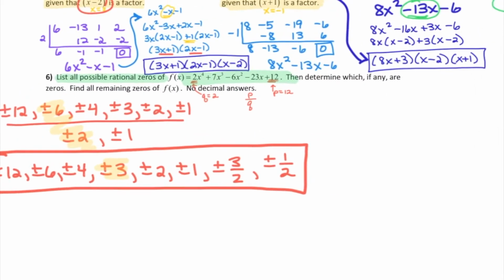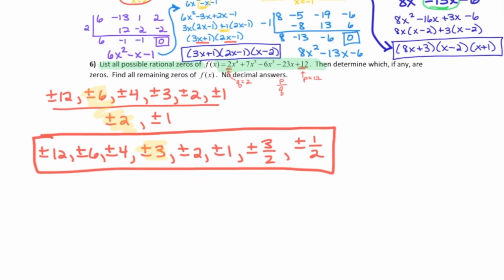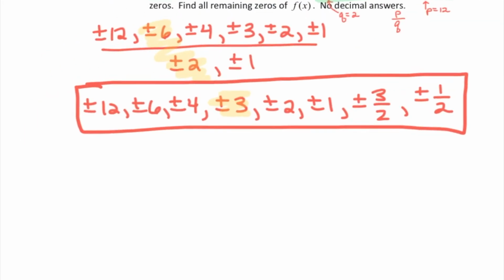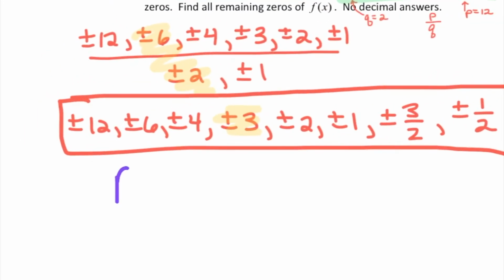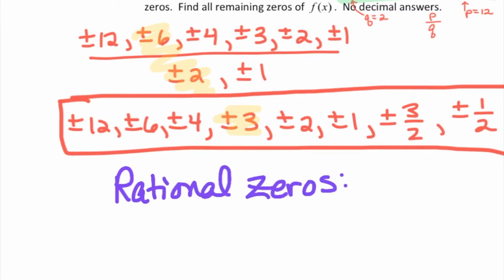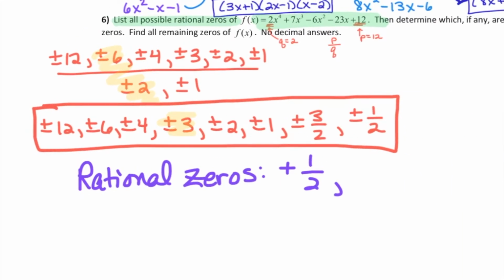Now, when you look at the graph, you see that the rational zeros, I'm going to change colors here. So we have determined that the actual rational zeros, or the rational roots, are positive 1/2 and negative 3, because the graph has x-intercepts at those two rational numbers.